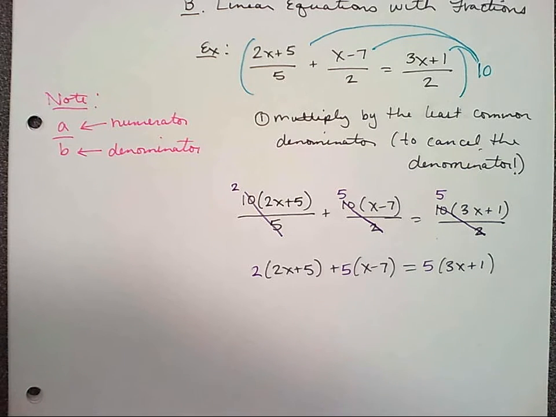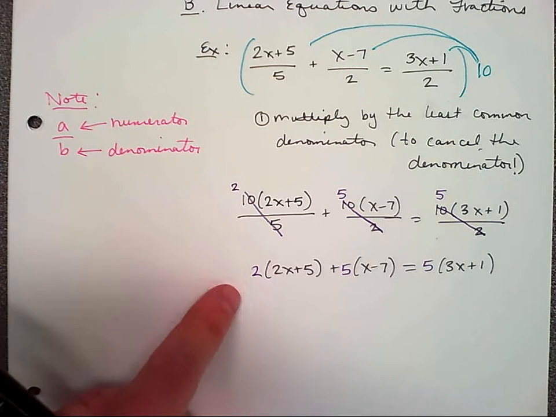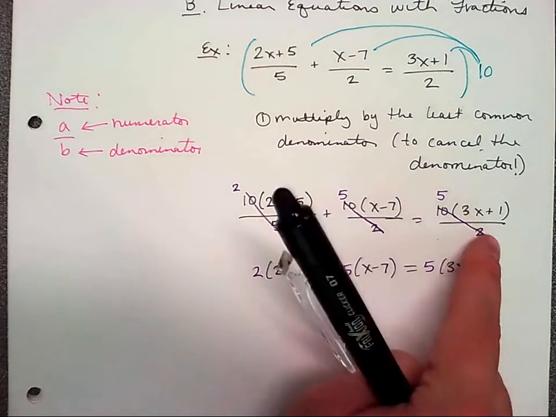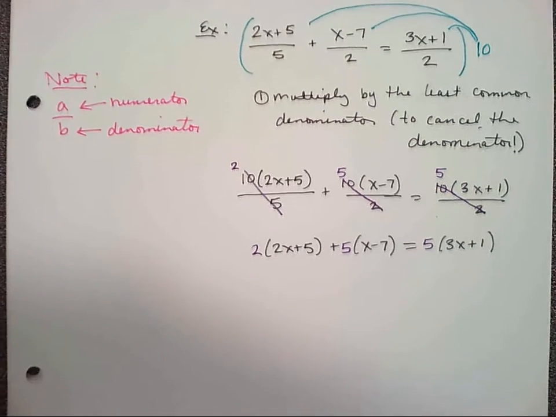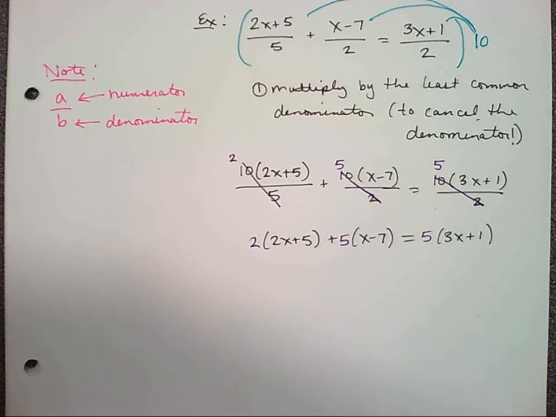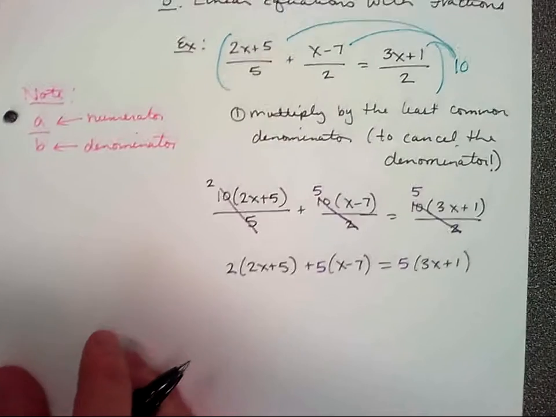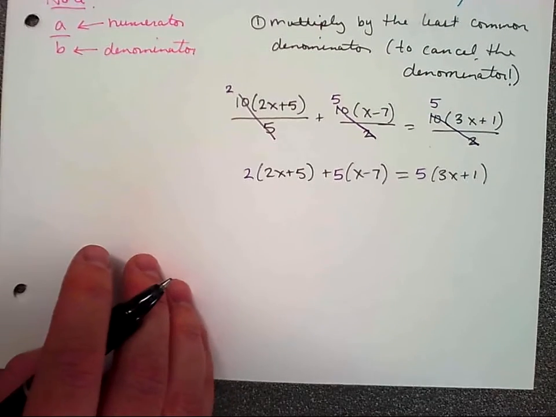Simplify both sides of the equation, and then get everything with an x on one side, everything without an x on the other side, and solve, right? So once I've multiplied by that least common denominator and canceled, like I just did, then we're doing what we've done before. What we did all last class, right? How do you feel about that? It makes sense or no? Okay.